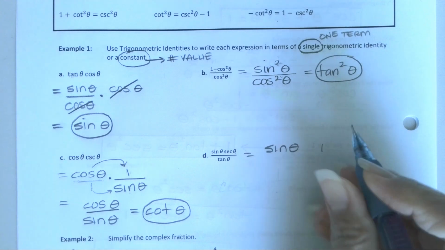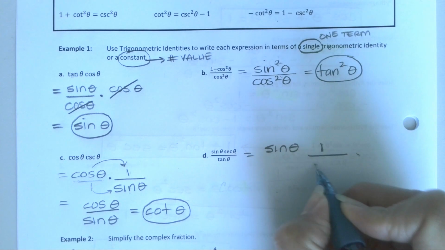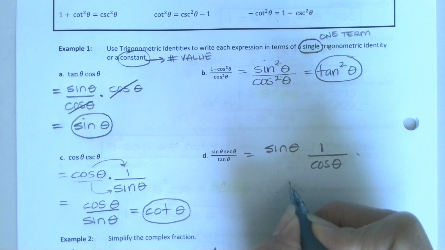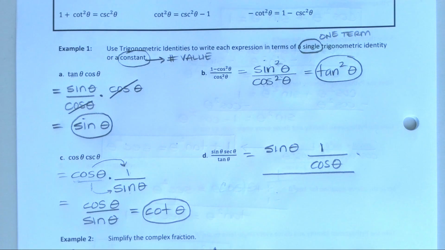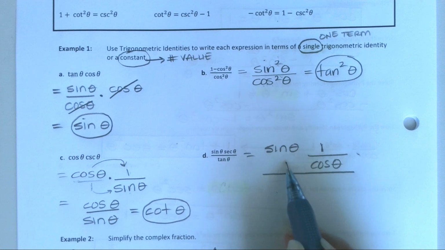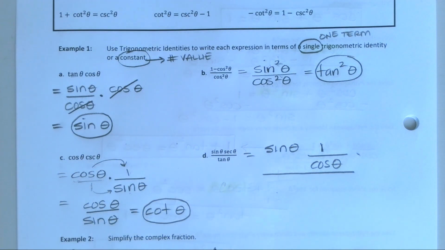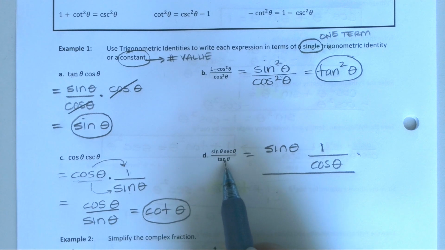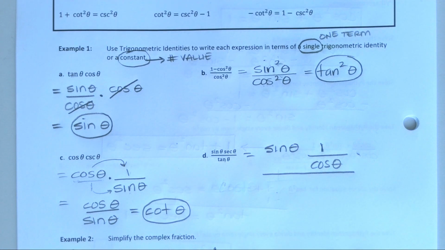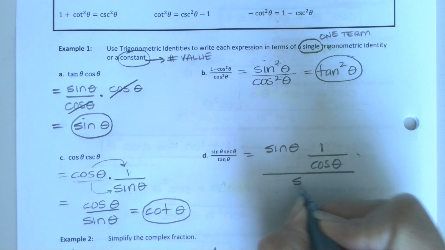Good. So 1 over cosine theta. So I'm doing that little sinking sand thing because I'm trying to remind myself that that cosine has a little 1 underneath. All right. Everybody good with that so far? All right. Tangent theta. What's tangent theta going to be? Sine over cosine.